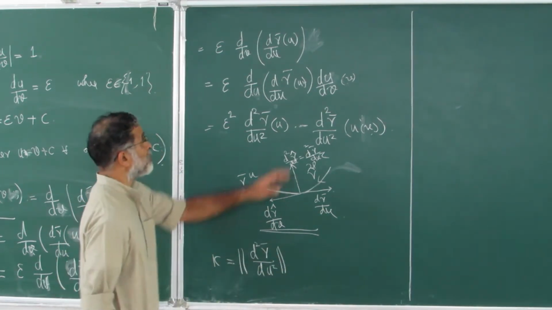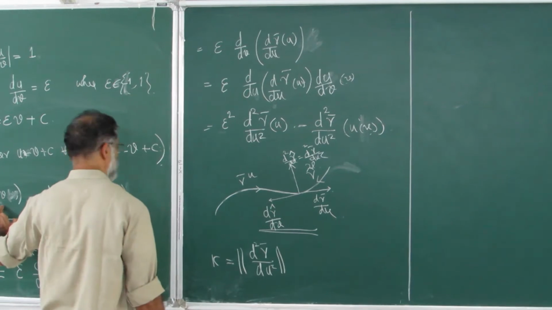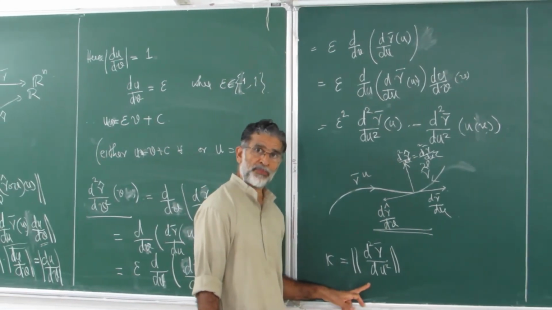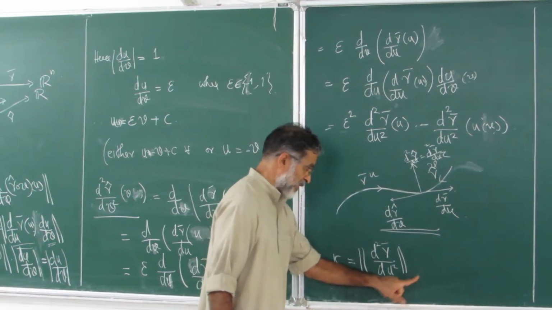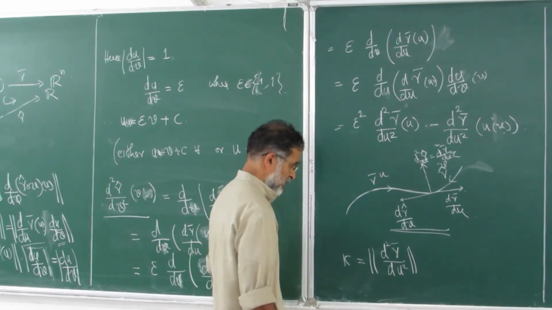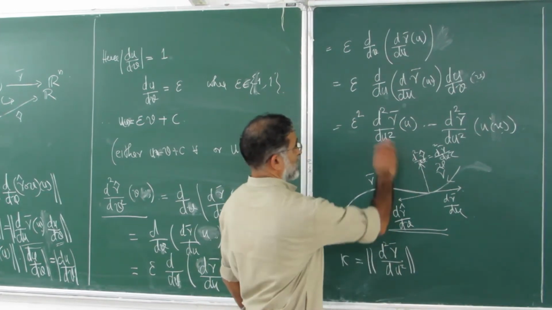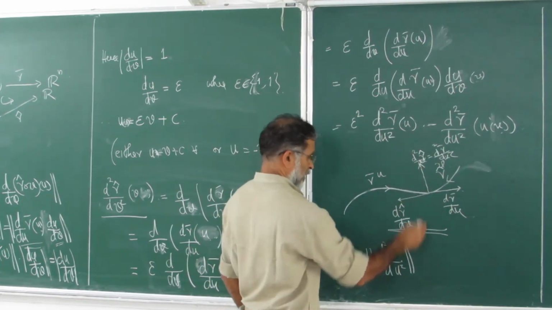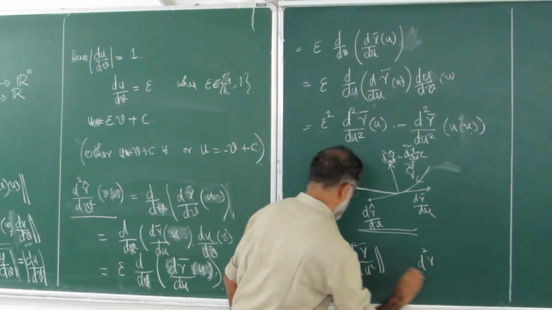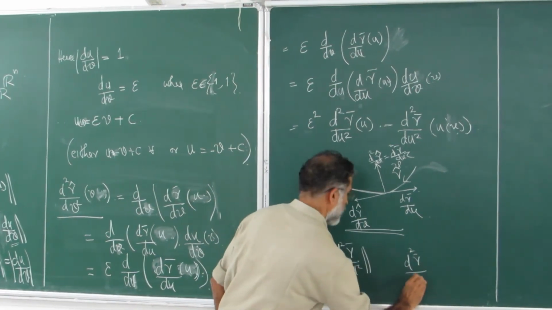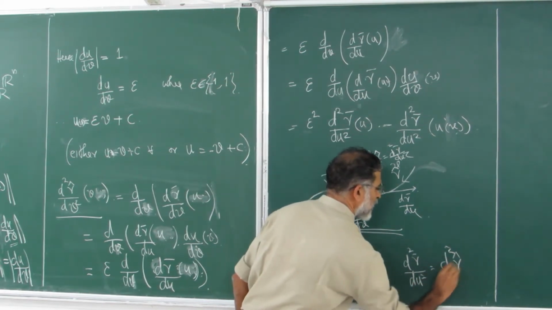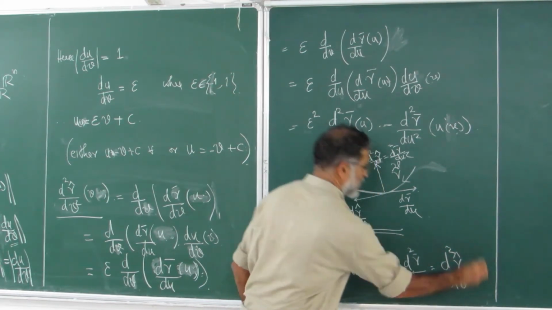So if you take gamma cap, another unit speed parameterization, you will get the same curvature. But the signed curvature is slightly different. What is the signed curvature? Since the second derivative is the same, d square gamma bar by du square is the same as d square gamma cap by dv square. That we have seen.